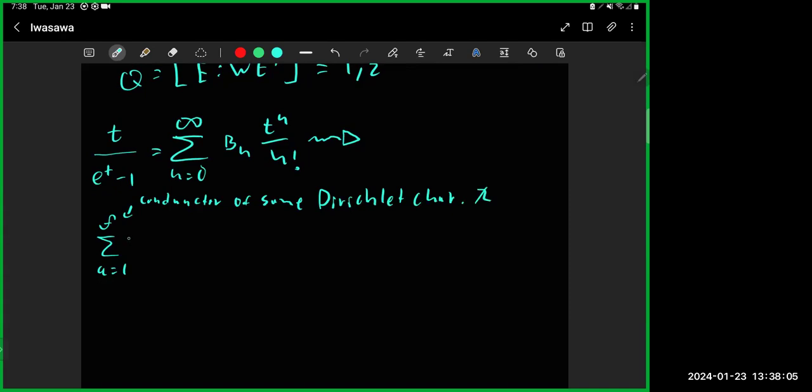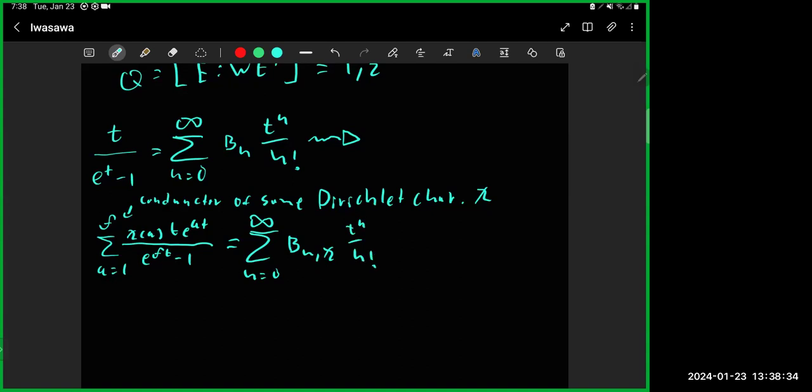The function defined by chi of a times t e to the at all divided by e to the ft minus 1 can be written as an infinite sum starting at n equals 0 up to infinity of these generalized Bernoulli numbers with respect to the specific character we chose, chi, times t to the n over n factorial.